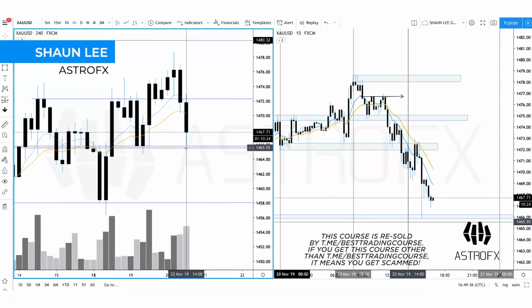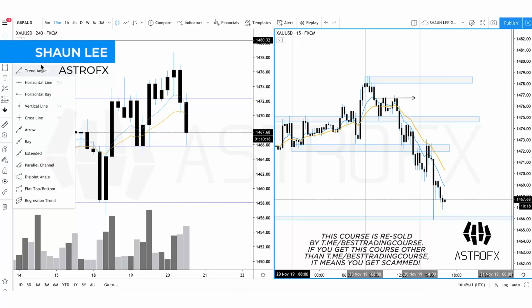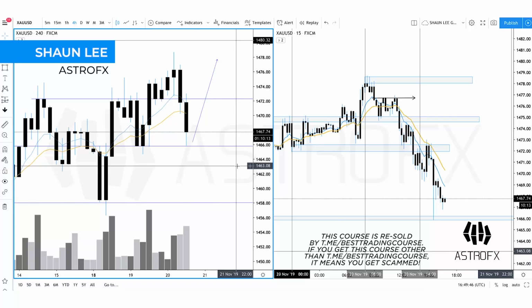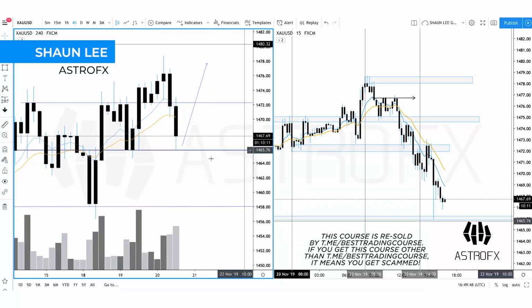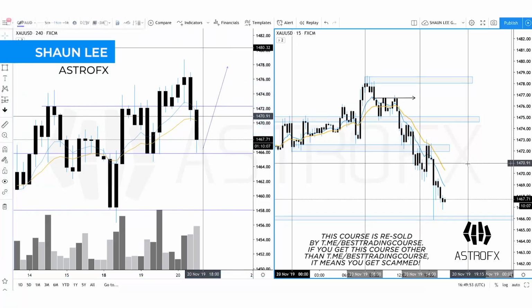Coincide that with 4-hourly, we've got various confluences going on. So this is building up for a decent long potential and a huge reversal from the current area, and this can probably start to happen in the next hour and 10 minutes. We have to wait for the 4-hourly to close.